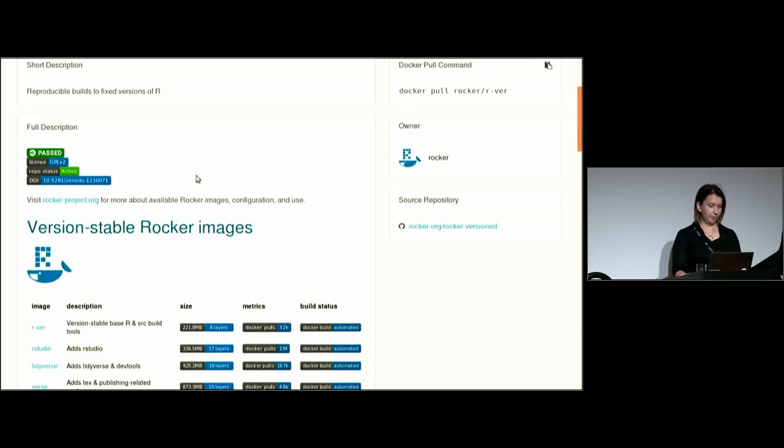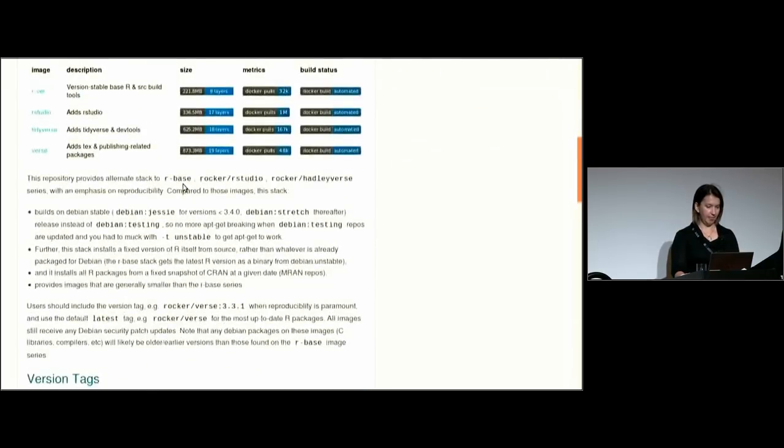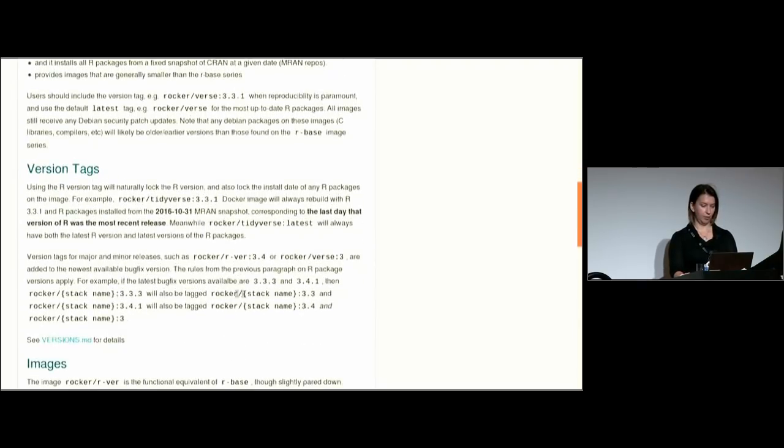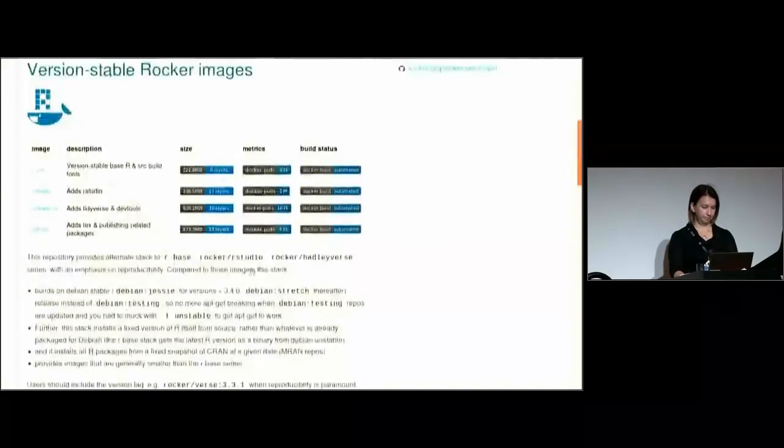You can get reproducible builds to fixed versions of R. And this is where the tags come in. You can get a particular version of the tidyverse, or a particular version of base R. And you'll notice here it starts with the R version, which is that particular version. It's quite a small image.